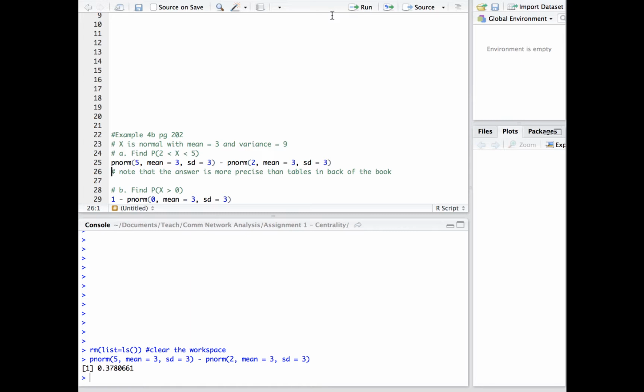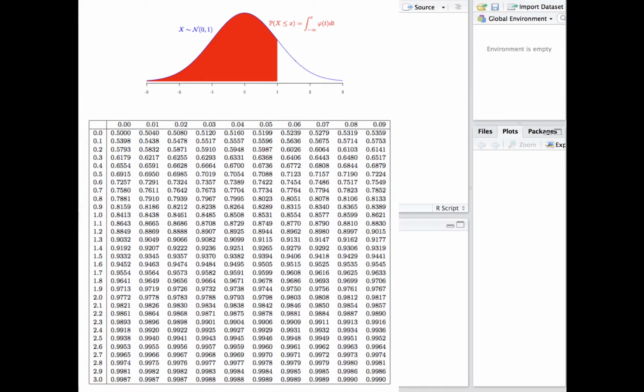You will note that the answer that I'm using is more precise than the tables. If you look at the book, there are some tables in the back, and the tables are basically people back in the day have gone through and calculated the probabilities given a standard normal distribution, and then the book tries to have you convert any normal distribution to a standard normal so that you can look up those integrations in the back of a statistics textbook.